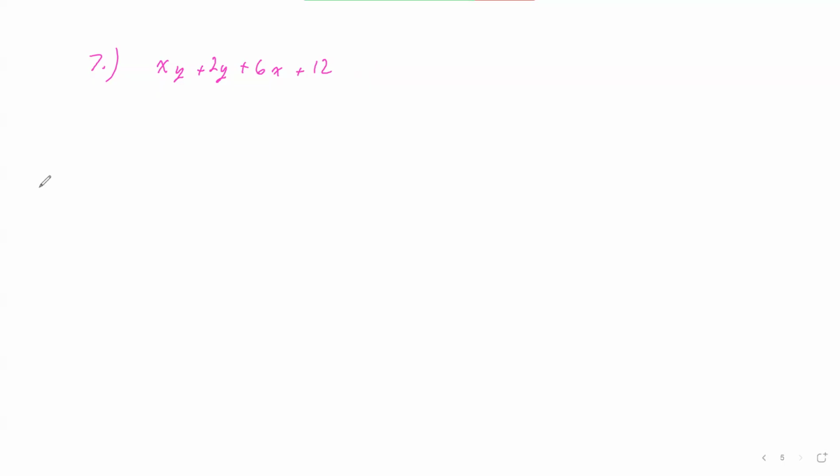So this is how you factor by grouping. We're going to group up the first 2 terms, and then you're going to group up the last 2 terms. That's step 1. Put parentheses around the first 2, then put parentheses around the last 2.